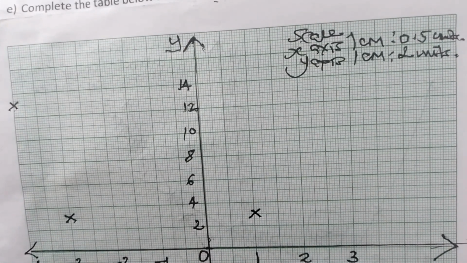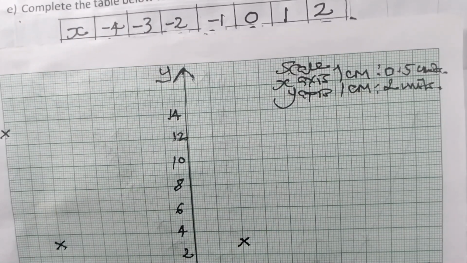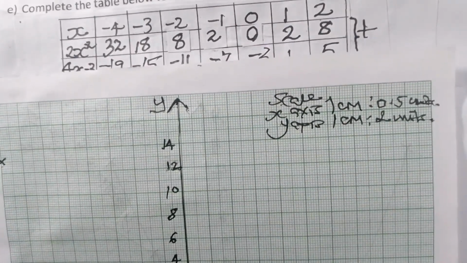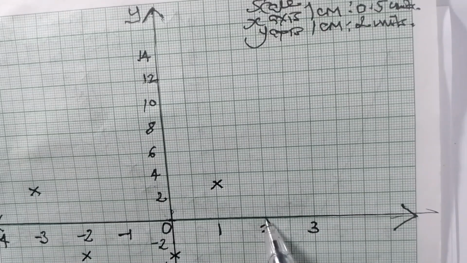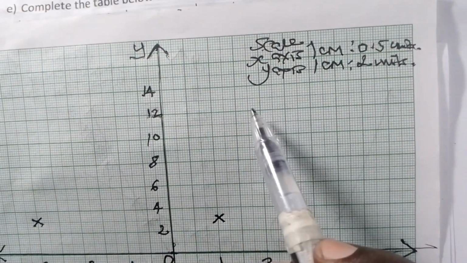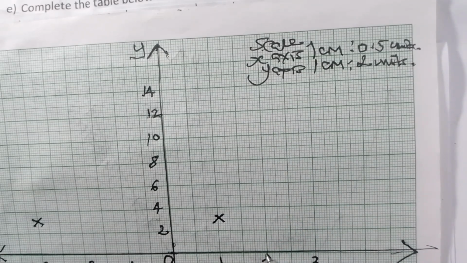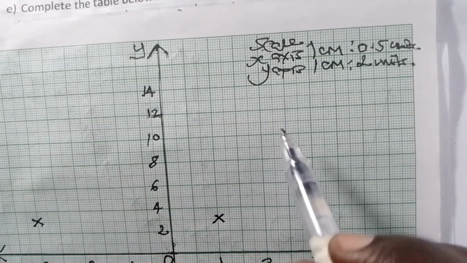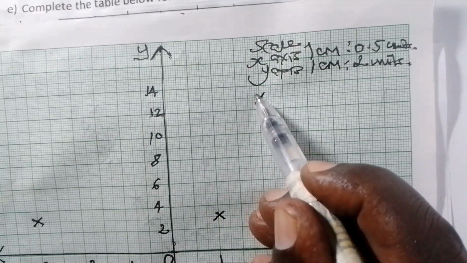And then when x is 2, y is 13. So 2 is here, and then 13 will be up here, between 12 and 14. Put a mark like that.